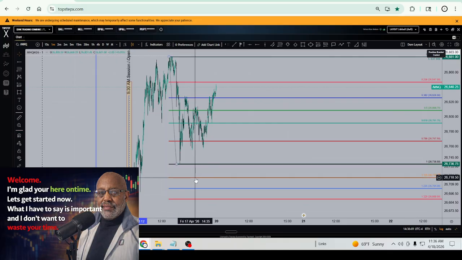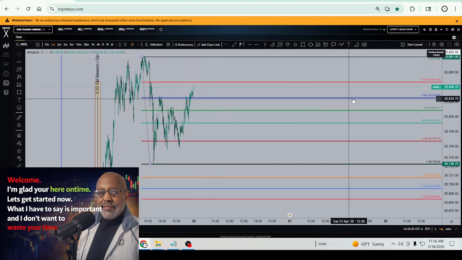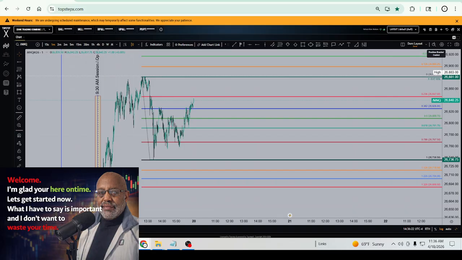So I might be looking for 15 points only. And I might be using this in the ranging market. And using this Fibonacci, I can project price and my targets, where I want to exit a trade.